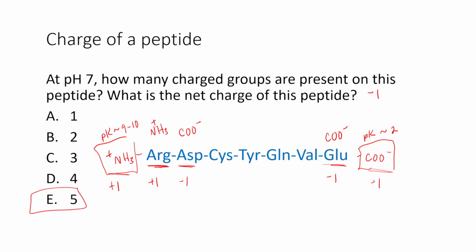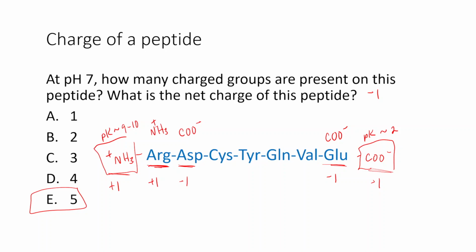If we're given something like this, do we assume 2 and 9 to 10 for the terminal pKs? Yes, it won't be a guess at 9.5 of which one it is, it'll be obvious.